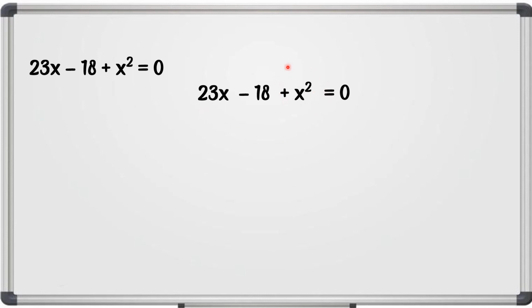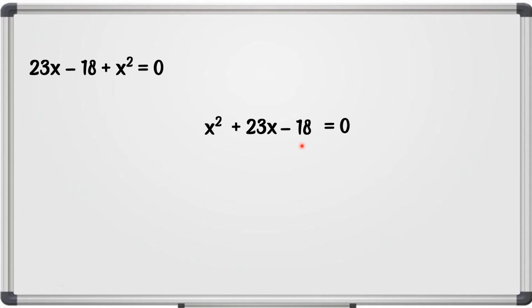The first term is x squared. The second term is positive 23x. And the constant term will become the third term, which is negative 18. Then still 0 on the right side of the equation.